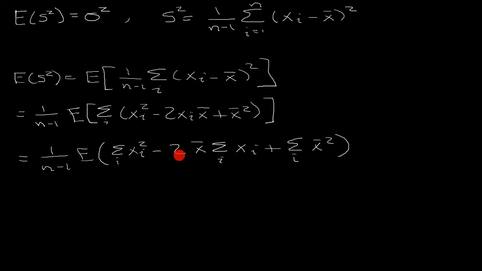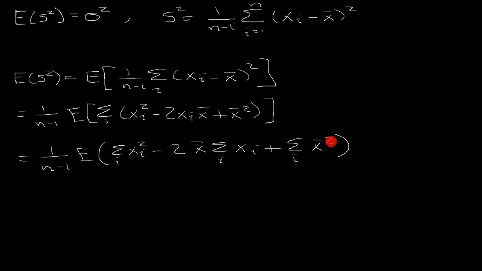So we took out 2 and x bar because 2 is a constant and x bar doesn't have the index i. So we take those 2 out of the sum. The same thing is going to happen with x bar squared. X bar squared doesn't have the index i.